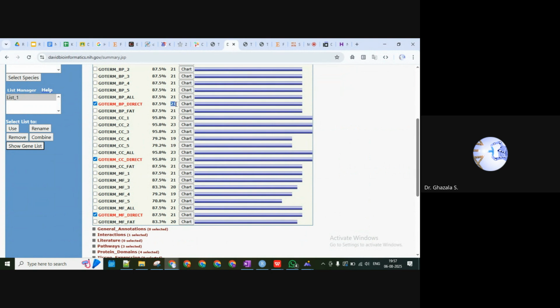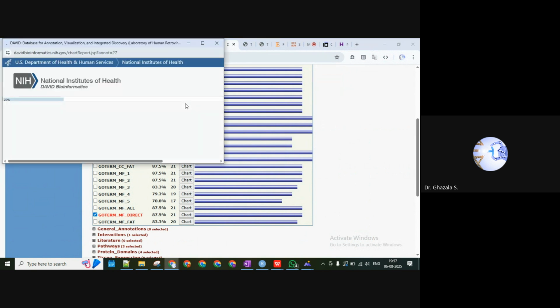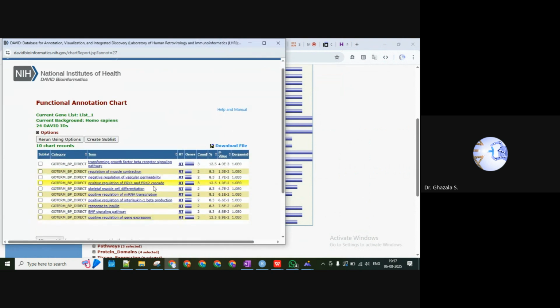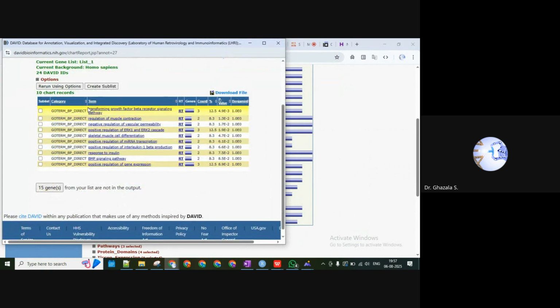You can see a total of 21 genes are identified as involved in biological processes reported in DAVID. So you can check the chart, and within the chart you have all the biological processes where genes are involved. The first one is the transforming growth factor beta receptor signaling pathway, where your three genes are involved.